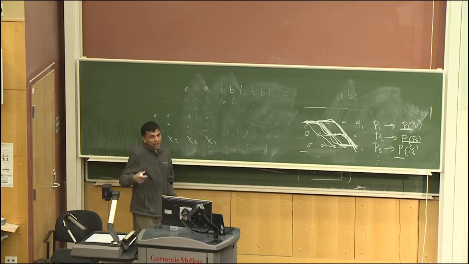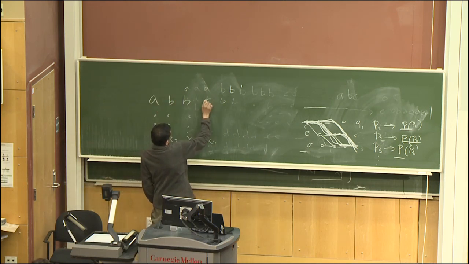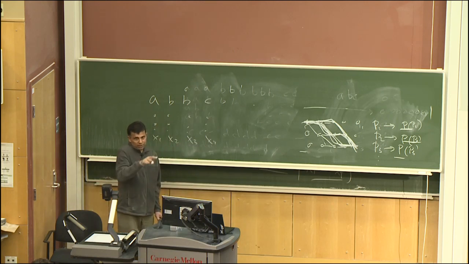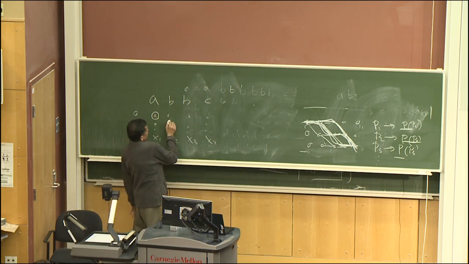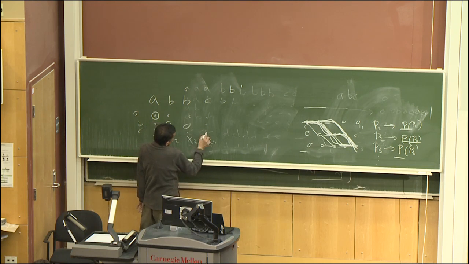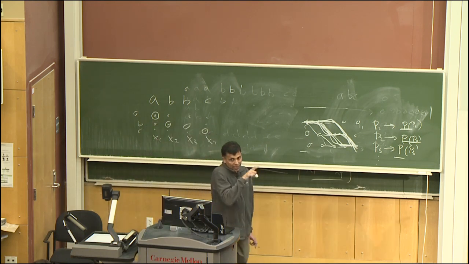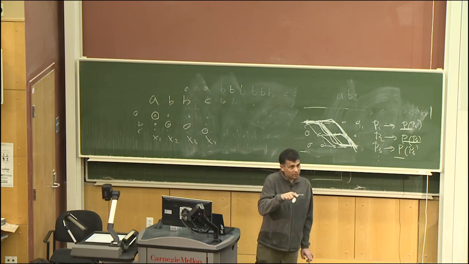So if my alignment is this, A, B, B, C, then the divergence was going to be, so it's A, B, C, right? The sum of the negative log probability of this guy plus the negative log probability of this guy plus the negative log probability of this guy plus the negative log probability of this guy, right? So for any given alignment, this sum was the divergence.